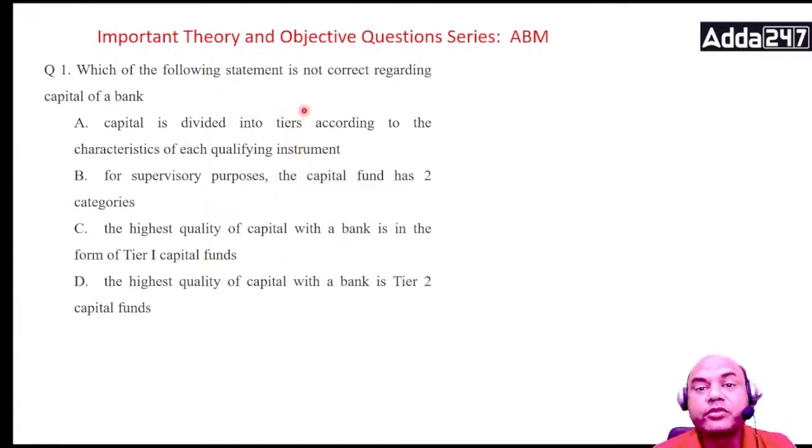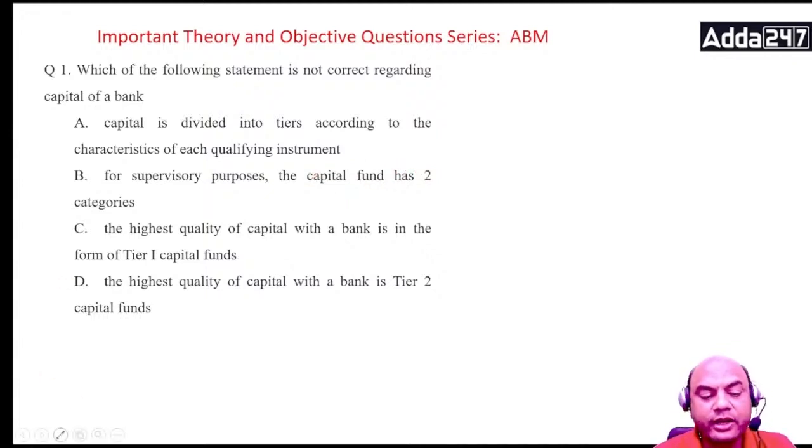Tier 1 is free capital, Tier 2 is paid capital. Tier 1 is a going concern, Tier 2 is a gone concern. For supervisory purposes, the capital fund has two categories of funds.